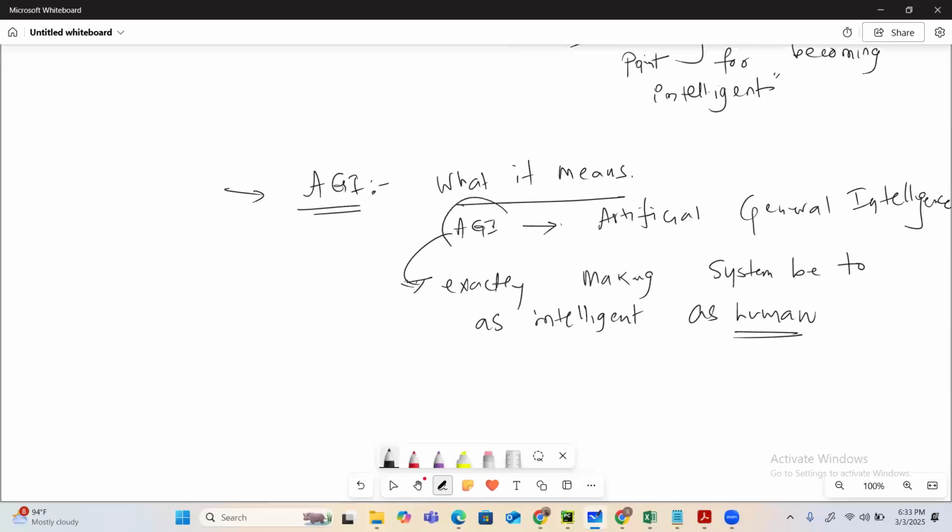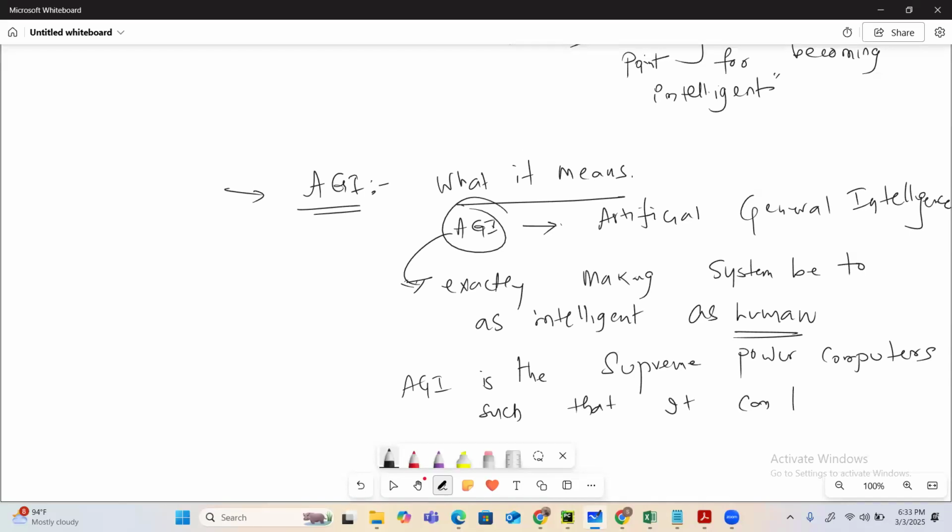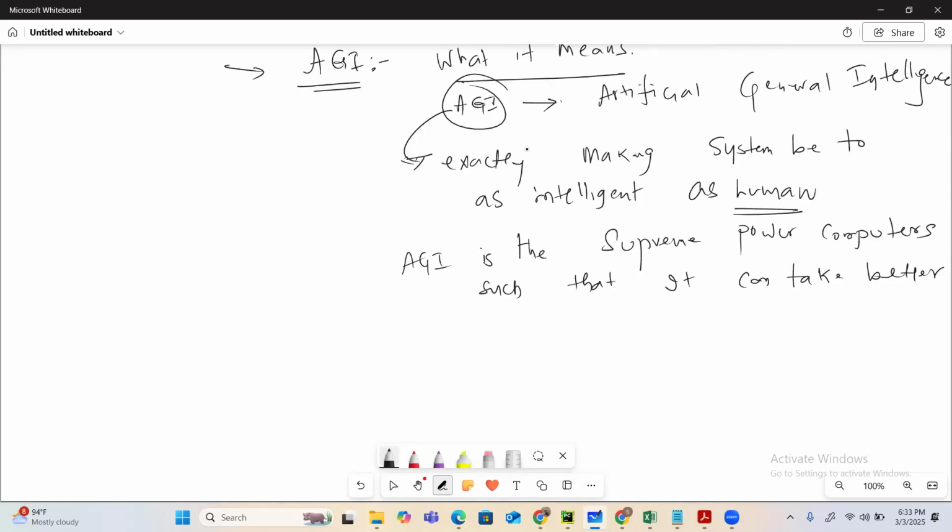AGI is the supreme power to computers such that it can take better decisions.